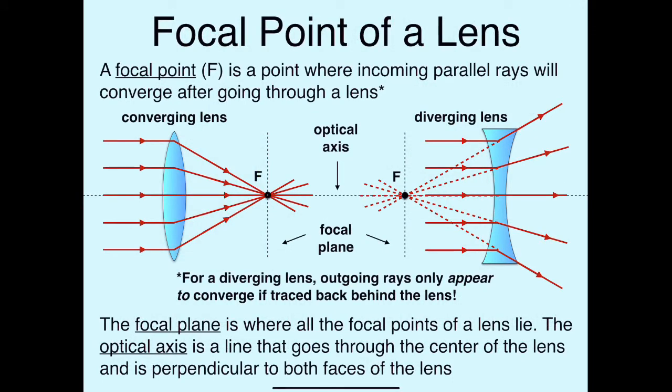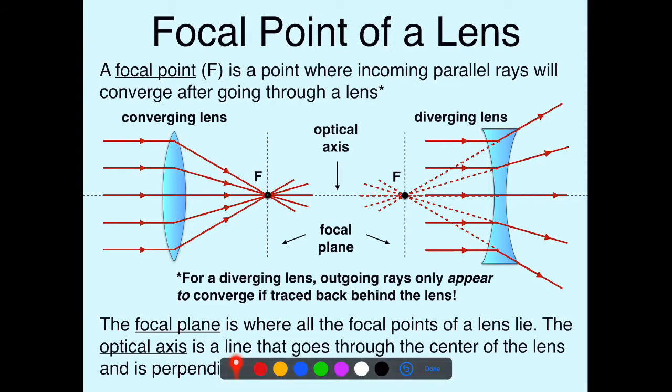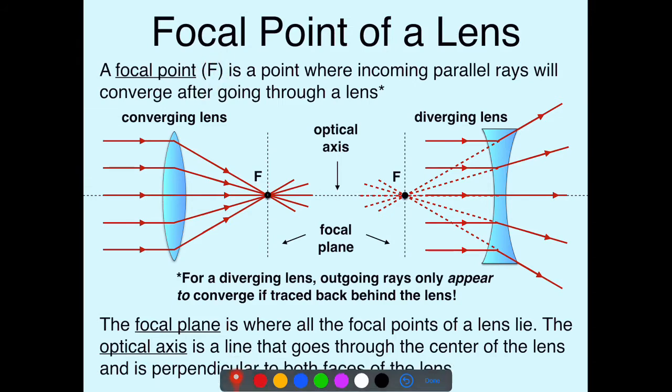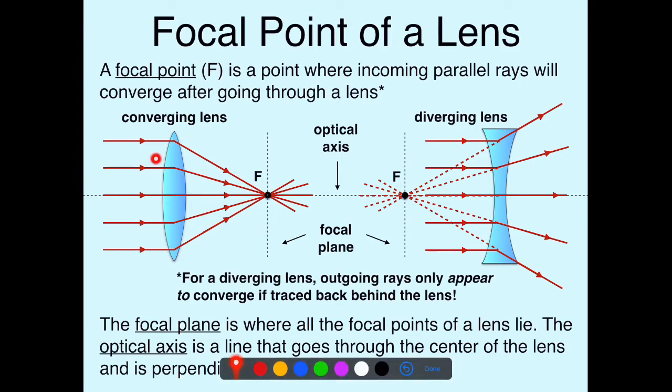And so that takes us to the idea of a focal point of a lens. So the focal point of a lens on a diagram is typically going to be labeled with a capital F. And this is a point where incoming parallel rays will converge after they go through a lens. So let's take a look at this case here. We have a double convex lens or a converging lens. And we have a bunch of rays coming into the lens.